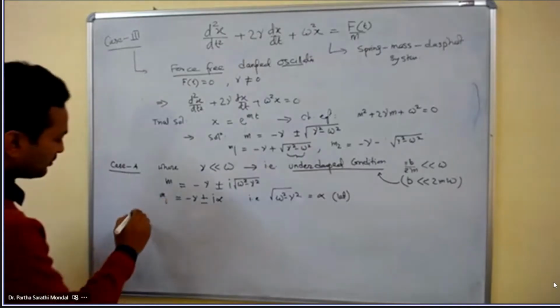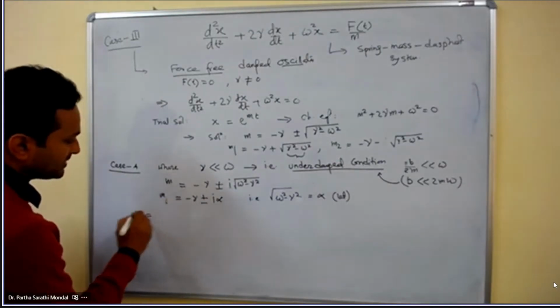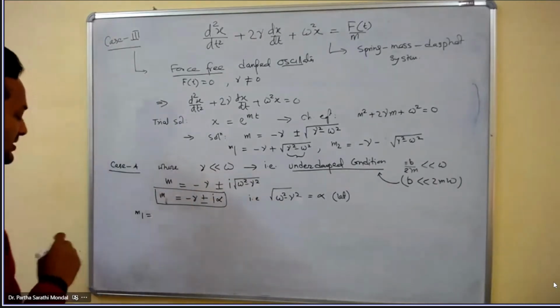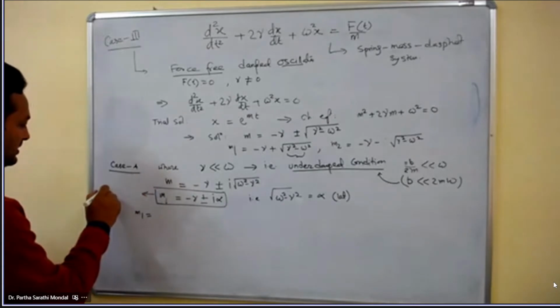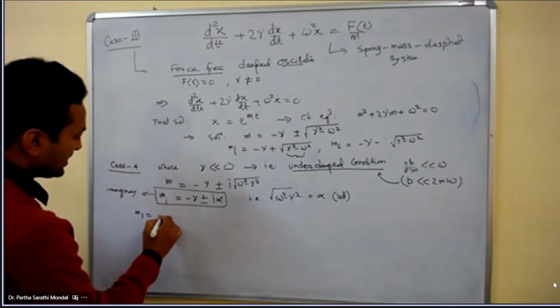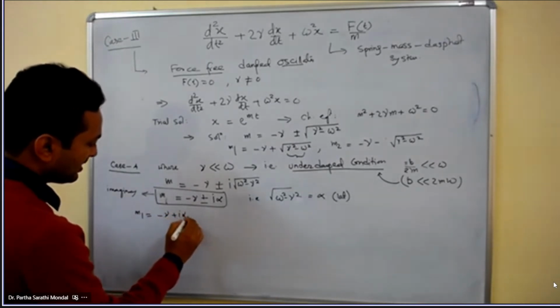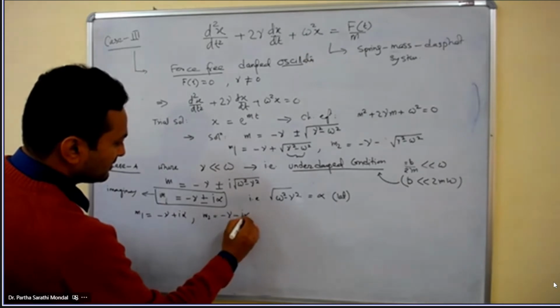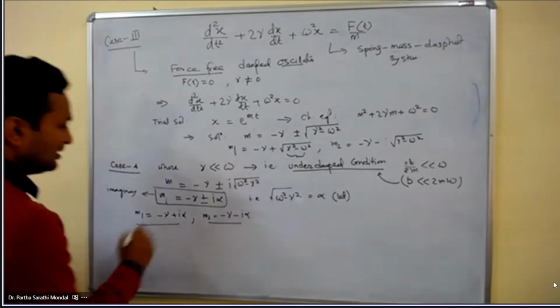So now we have two solutions of m, they are imaginary solutions of the characteristic equation. m1 is minus gamma plus i alpha and m2 equals minus gamma minus i alpha. These are the two solutions.